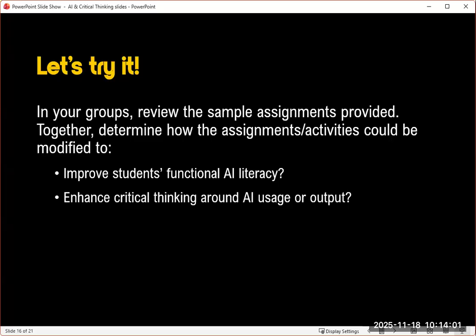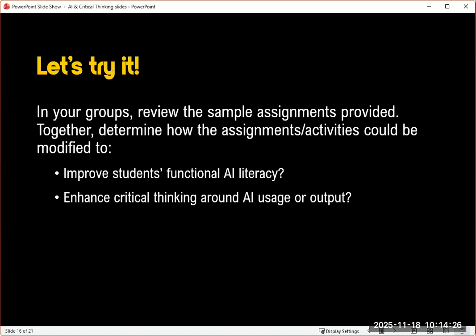So your mission in your breakout groups, should you choose to accept it, is to analyze the sample assignments and come up with some ideas for redesigning those activities or assignments to improve students' functional AI literacy or enhance critical thinking around AI usage or output in that particular instance.